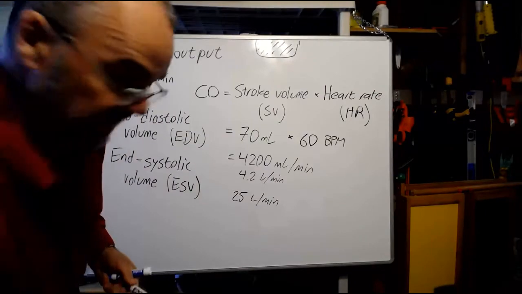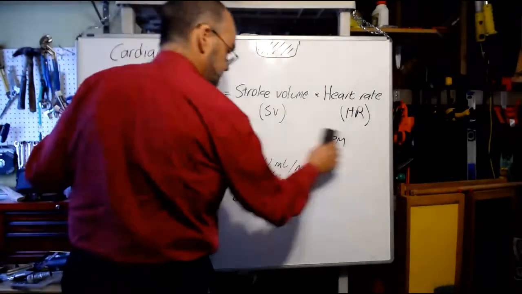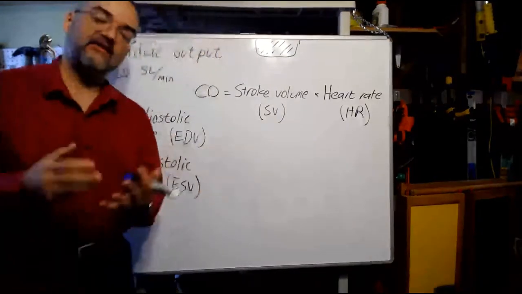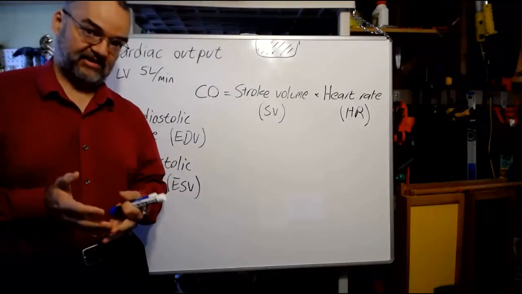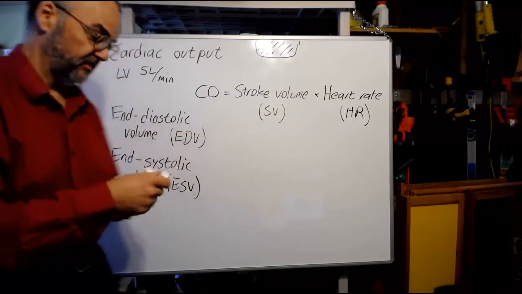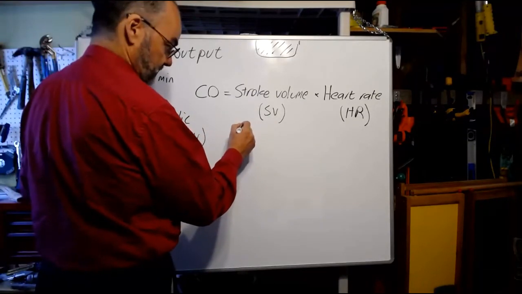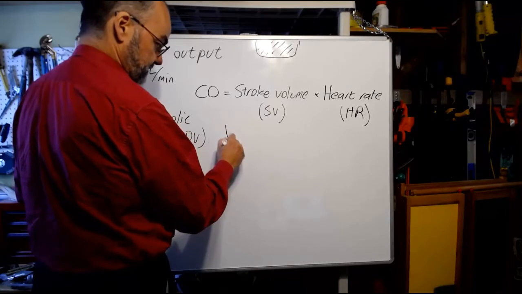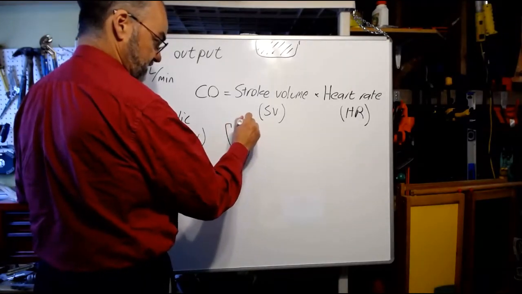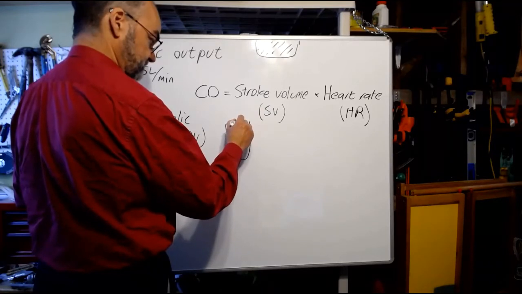The end diastolic volume is the amount of blood in the ventricle at the end of diastole, so at the end of its relaxation, which means that will be the maximum amount. If we imagine a ventricle here, we'll have it. There's the atrioventricular valves, and there's the semilunar valves.